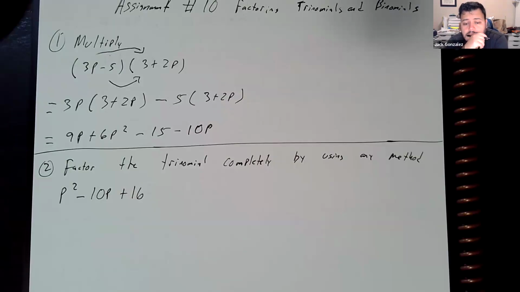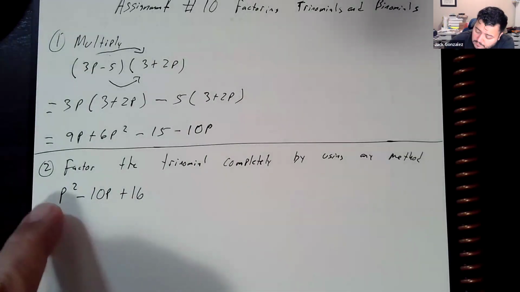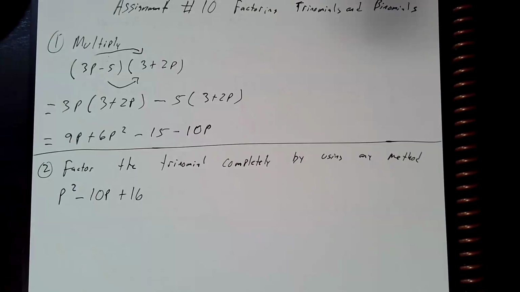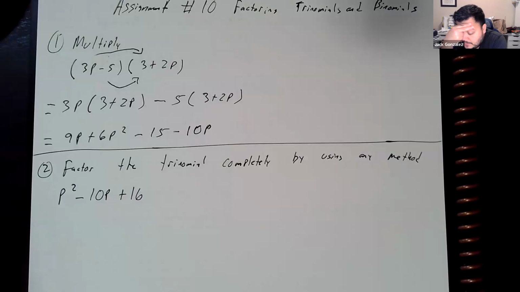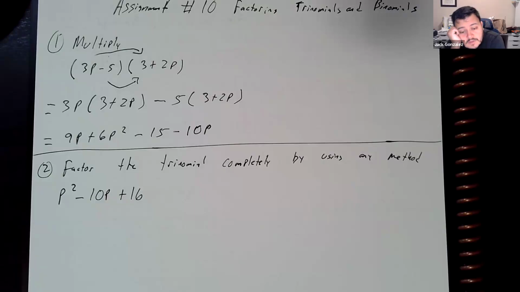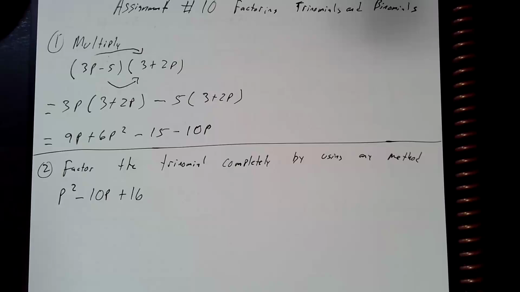So, first thing, do we have a GCF when you look for all 3 terms? There's a negative, but do they have a GCF, all 3? Does it appear so? They're all different. There's nothing that all 3 of them have in common. So no GCF.